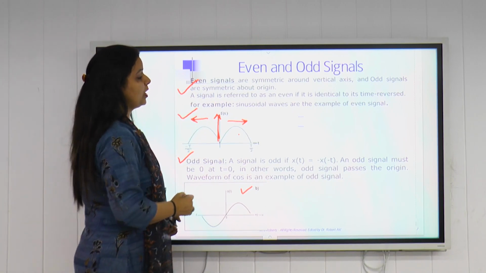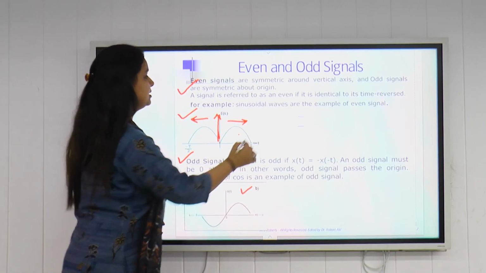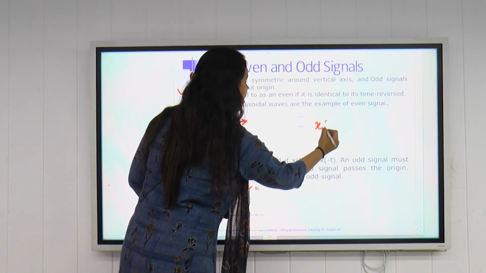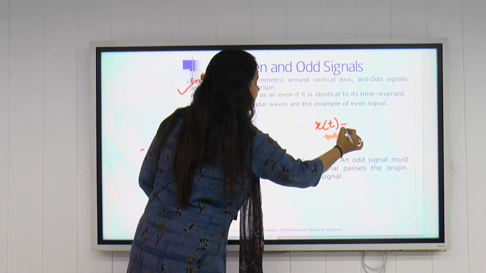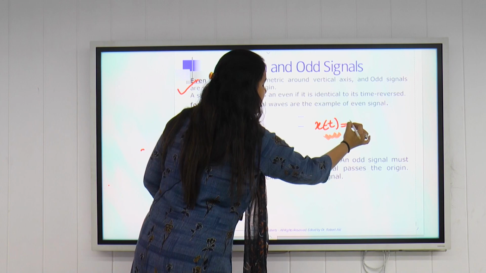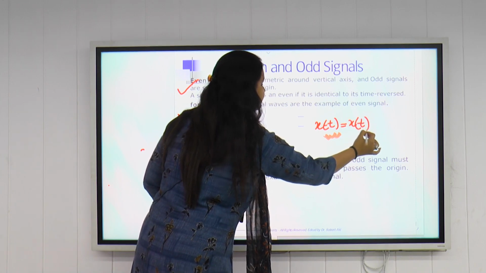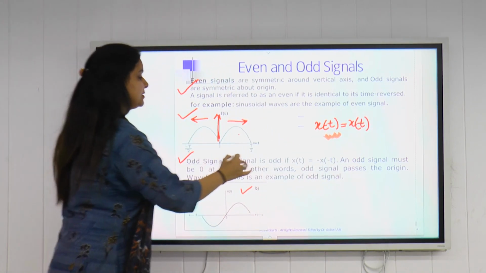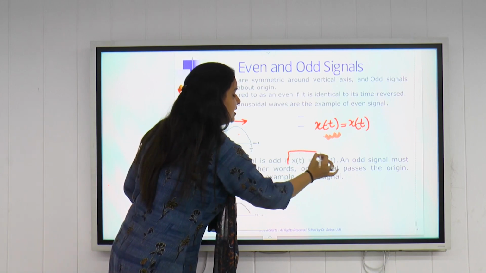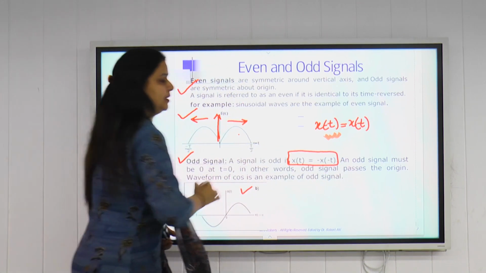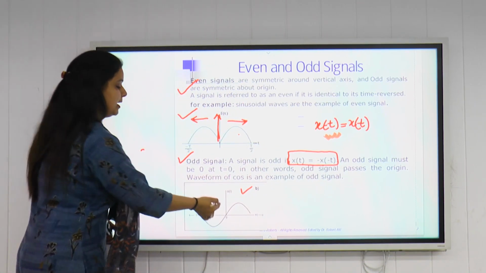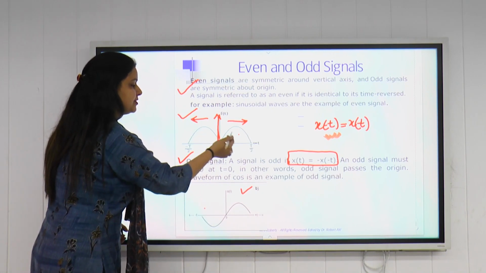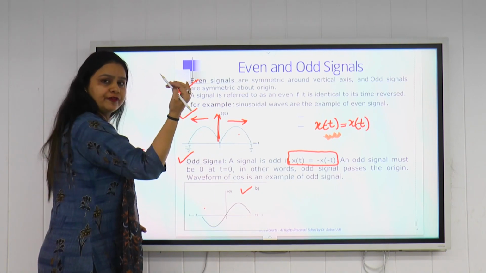The important equation about the even and the odd signal is, in the case of an even signal, we have x of minus t is equal to x of t. But in the odd signal, we have x of minus t is equal to minus of x of t. So basically, the negative and the positive side values are the same in the case of an even signal.